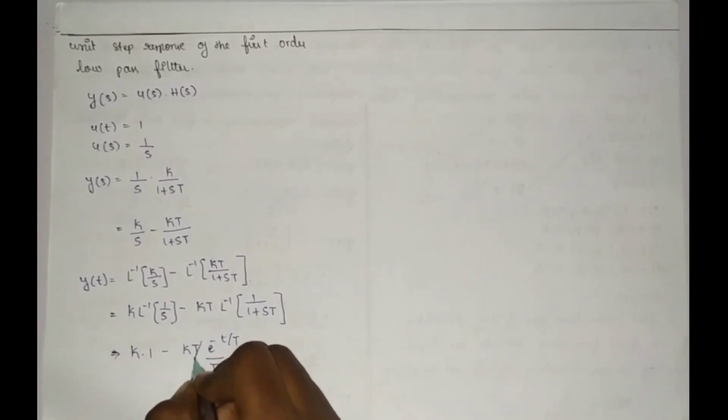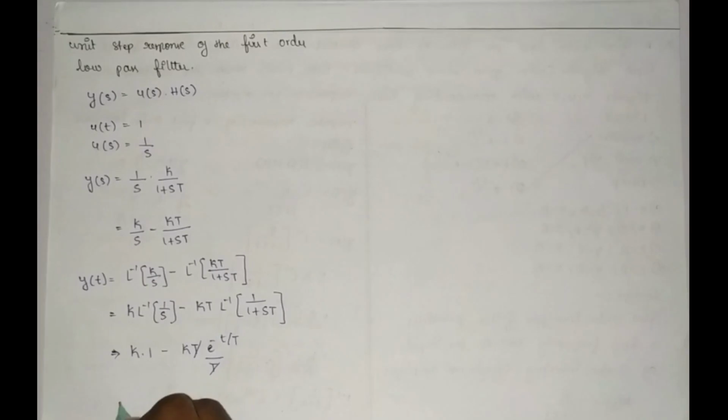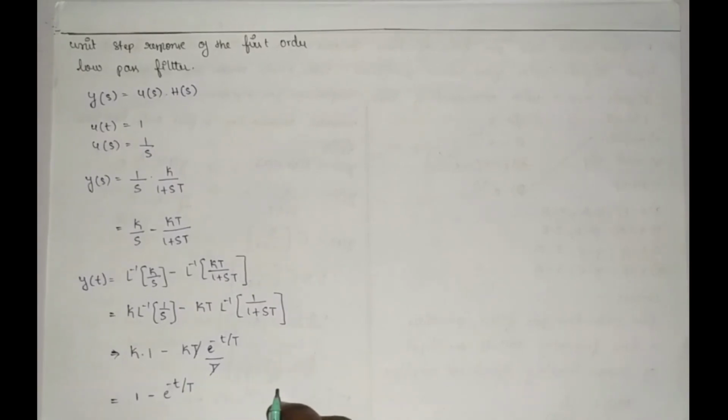T gets cancelled. So, if k is equal to 1, y of t becomes 1 minus e power minus t by t. So, let's match this.